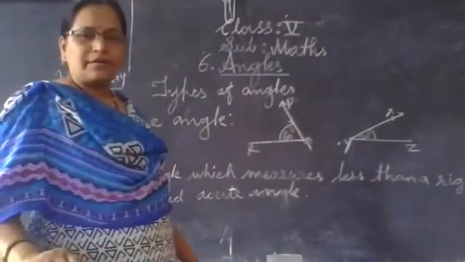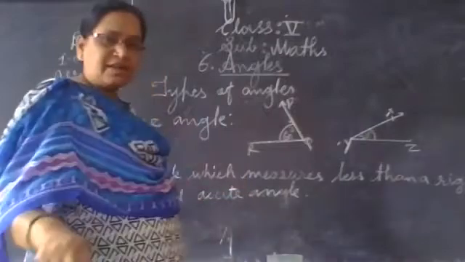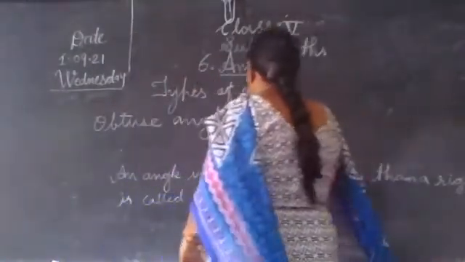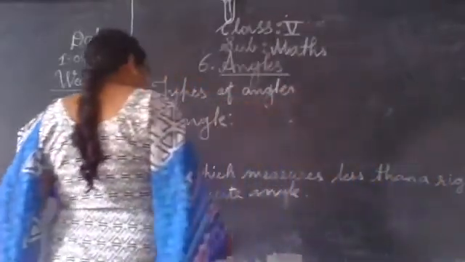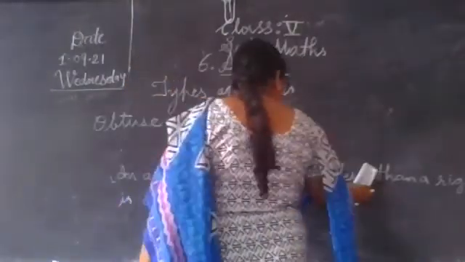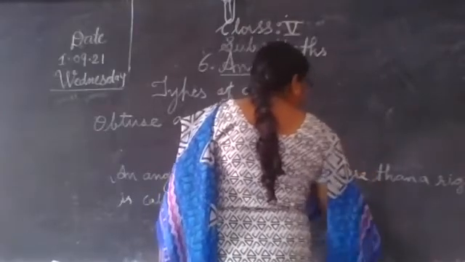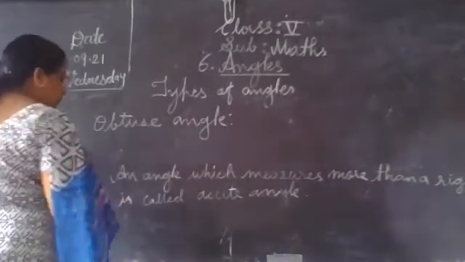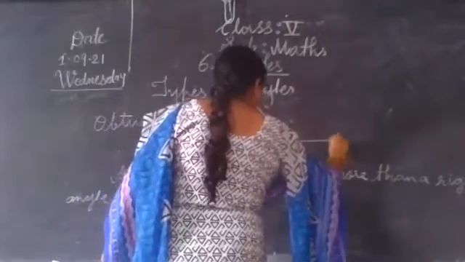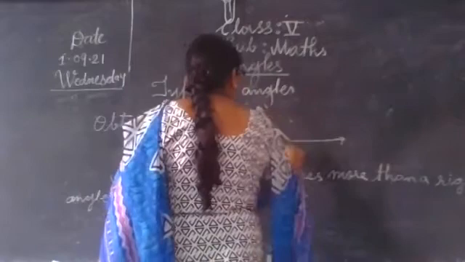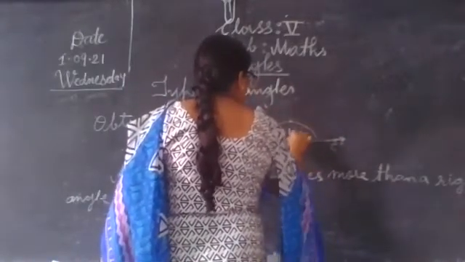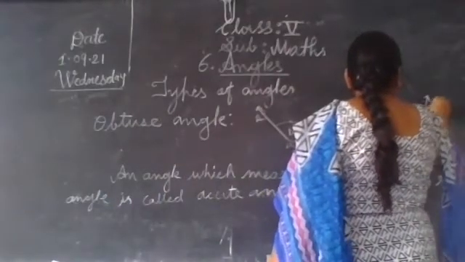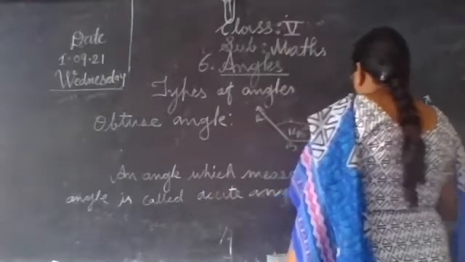Obtuse angle means greater than 90 degrees, but less than 180 degrees, because 180 degrees is known as a straight angle. An angle more than a right angle, for example 140 degrees or 100 degrees.